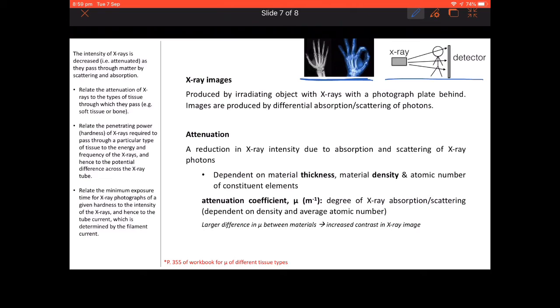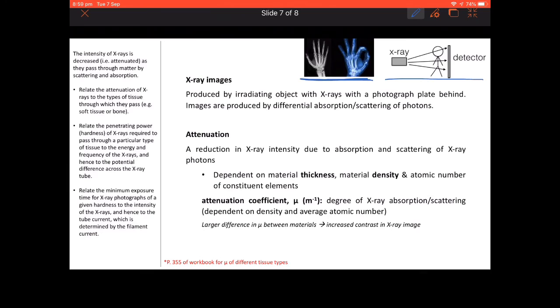The attenuation coefficient, which is represented by mu, the U with a tail, is measured in per meters, and it's the degree of X-ray absorption or scattering, which is dependent on density and average atomic number.